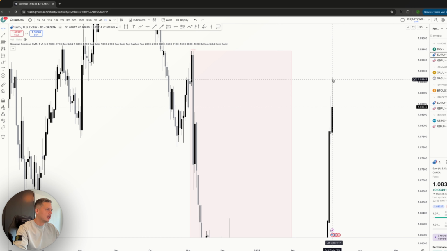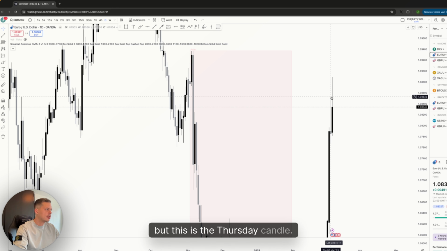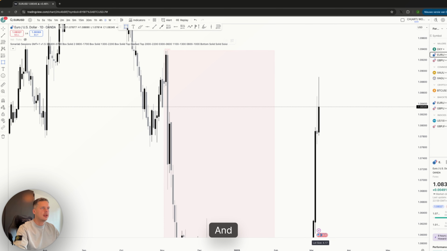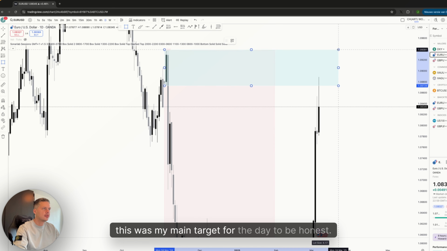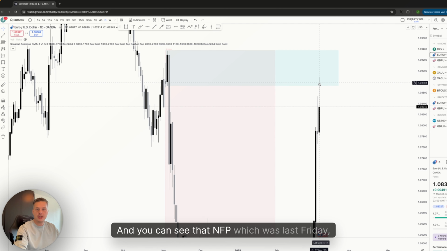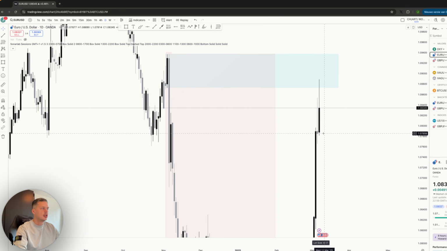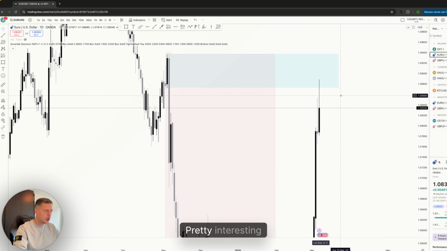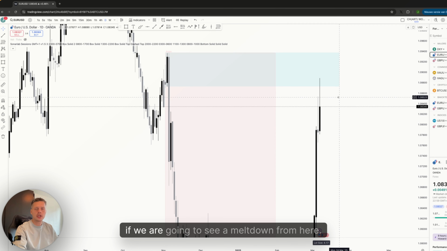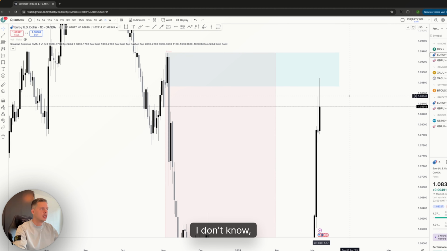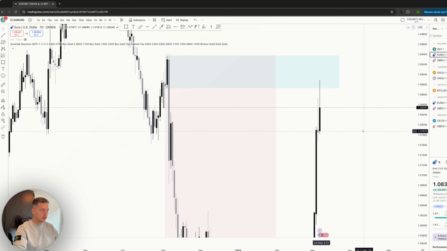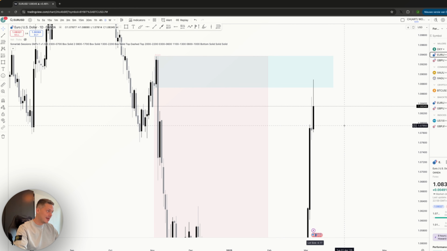This is the ending of Friday, but this is the Thursday candle. And this was my main target for the day, to be honest. And you can see that NFP, which was last Friday, jacked into it. Pretty interesting. If we are going to see a meltdown from here, I don't know. I'm no fortune teller. So yeah, honestly, let's see.